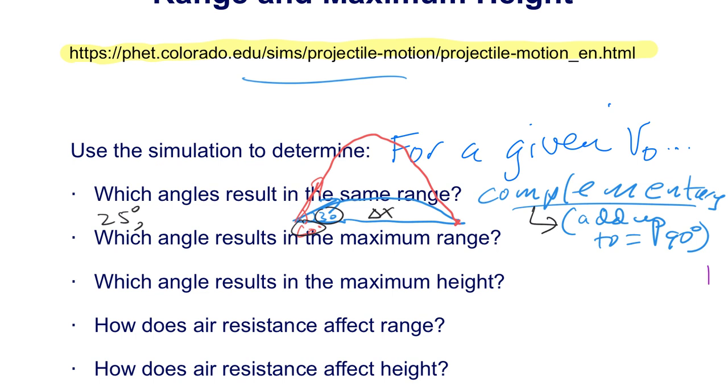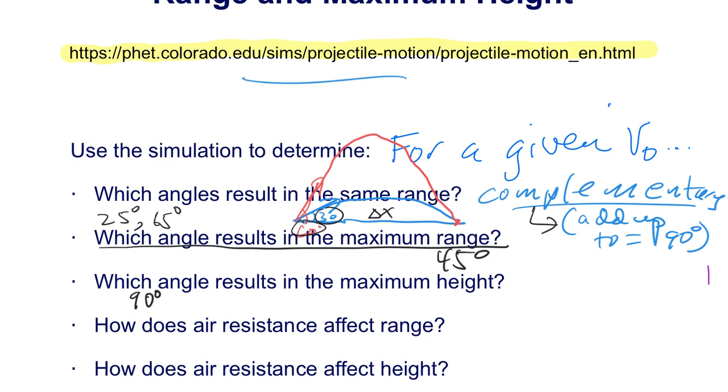Well, 90 minus 25 is 65. 65 will give me the same range, but will take a longer time because it has to go higher. So the maximum range is at 45 degrees. Which angle results in the maximum height? 90 degrees. But it doesn't go anywhere.